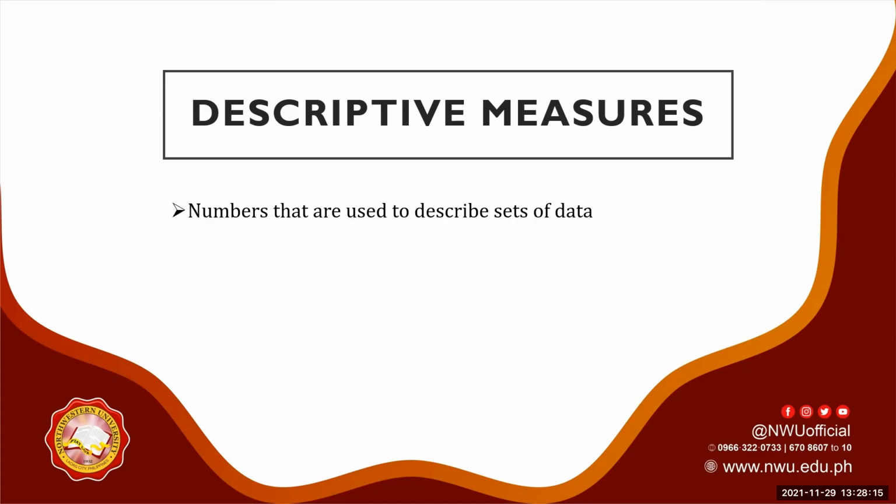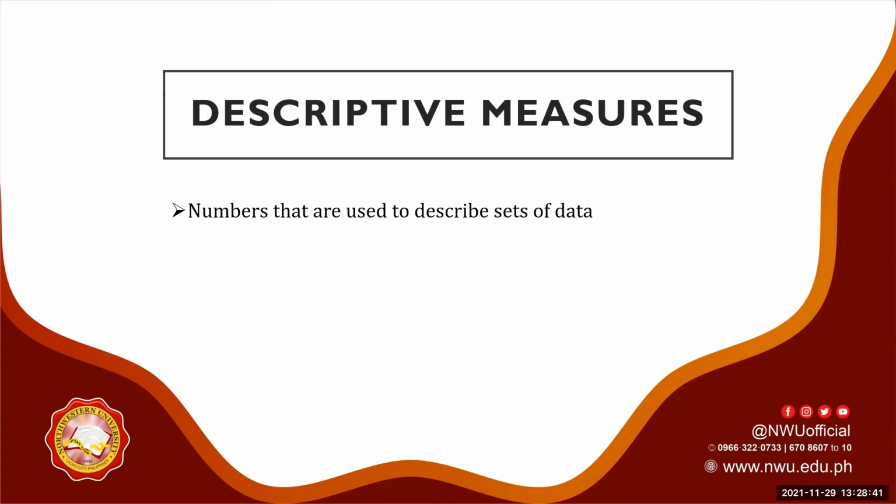Pag sinabi nating descriptive, or when we go back to our topic back then, which is on data, on variables, on the different presentations of data and variables, I was able to discuss or define kung ano yung mga data. So now, of course, when you have a set of data, there are different ways that you can describe them.